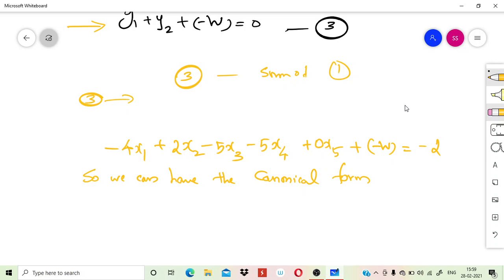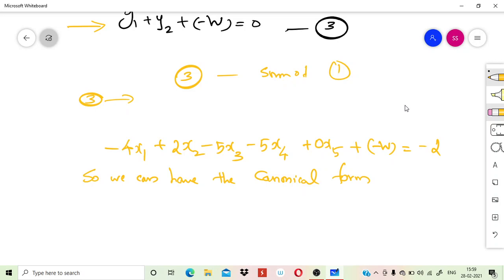This is our new objective function in phase 1 that you have to minimize, subject to the constraints. That means you have the new matrix form. For phase 1, we have the standard form like this.